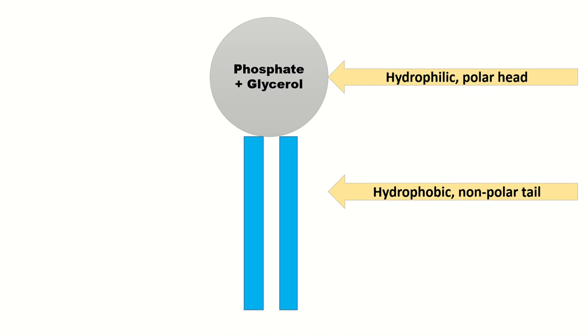This means the head region loves water and interacts with water, whereas the tail region is hydrophobic in nature. That means it doesn't interact with water. This part is composed of saturated and unsaturated fatty acids.